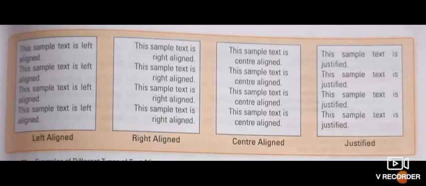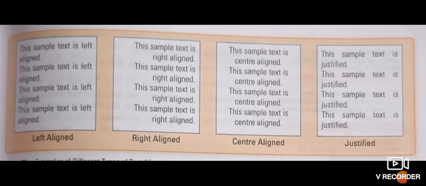In left alignment, the text is aligned with the left margin, meaning the left margin of the text is equal and the right margin is unequal. In right alignment, it is the opposite of left alignment, meaning the right margin of the text is equal and the left margin is unequal. In center alignment, both the left and right margins are unequal. And the last one is justified alignment. In justified alignment, both the left margin and the right margin are equal.